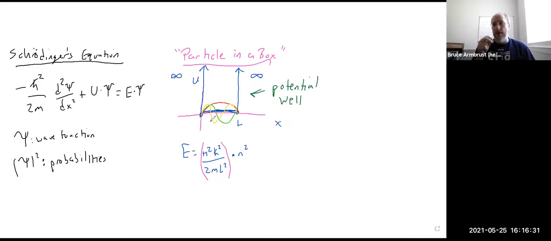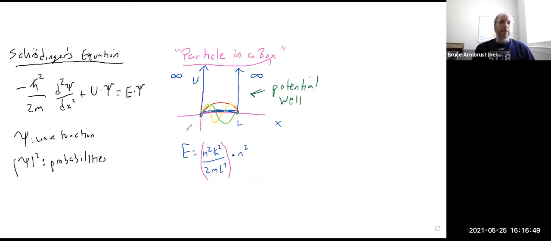The number of wavelengths was a multiple of, was it 2/3 or 3/2? I don't remember, one of those. But yes, that's where that N came from: which of these states are we in?